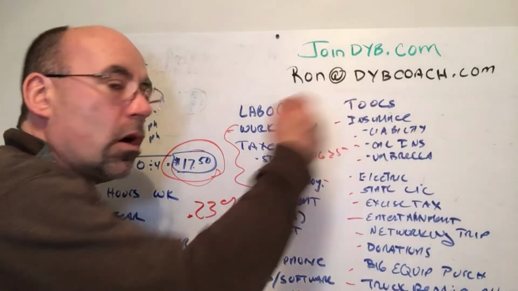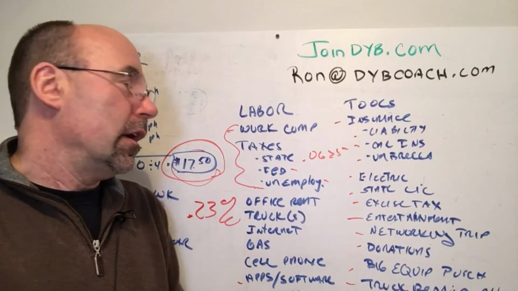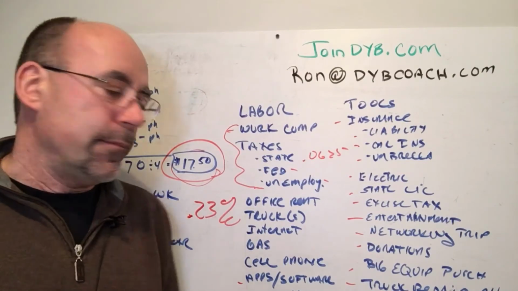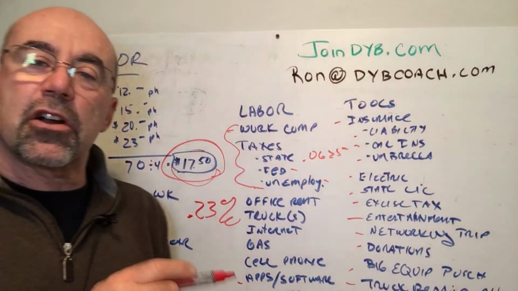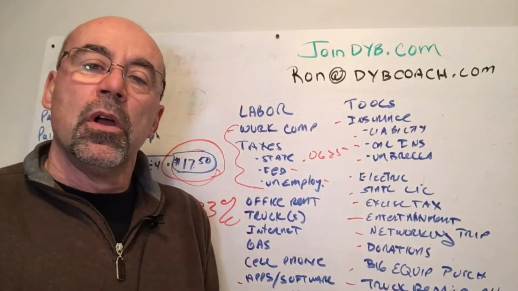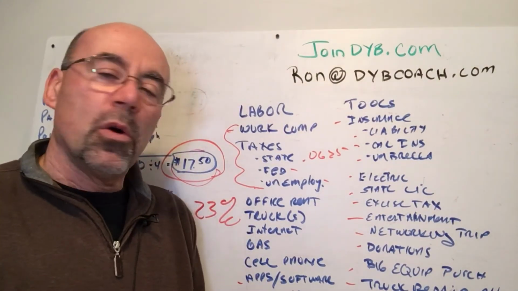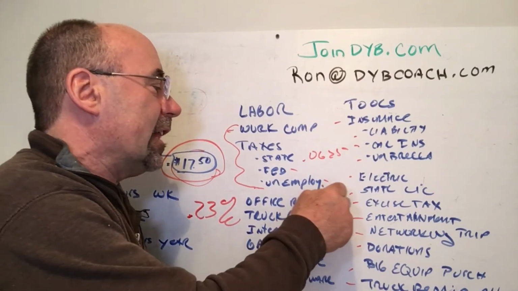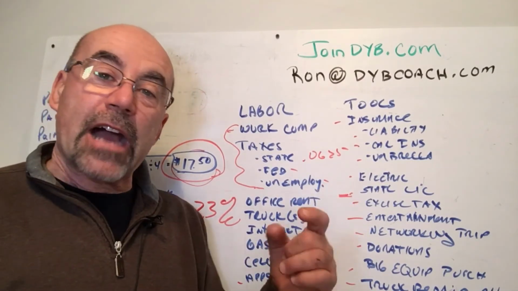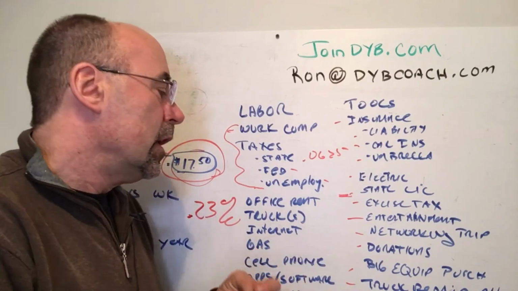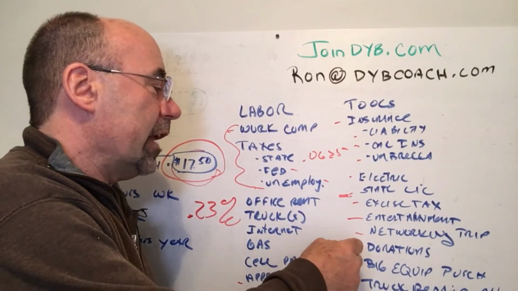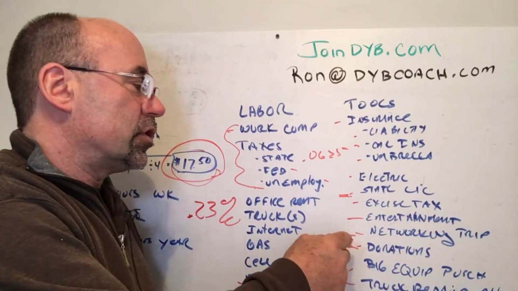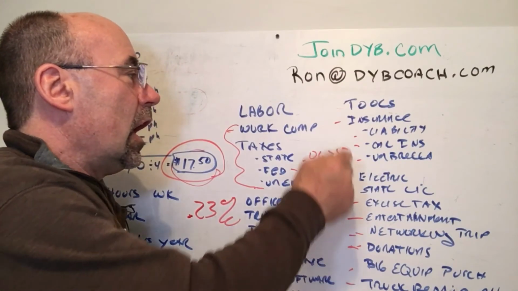But if you add all these other things up and divide, some of these things aren't going to change if you have 4 people or 8 people or 6 people. You add one more person, your state license isn't going to change. So you're actually reducing your labor cost. Your donations might not change. Your networking trip doesn't change.